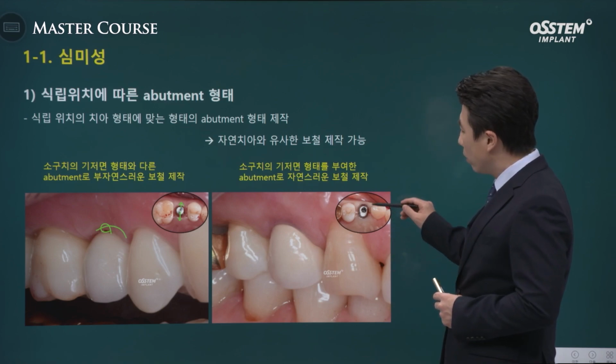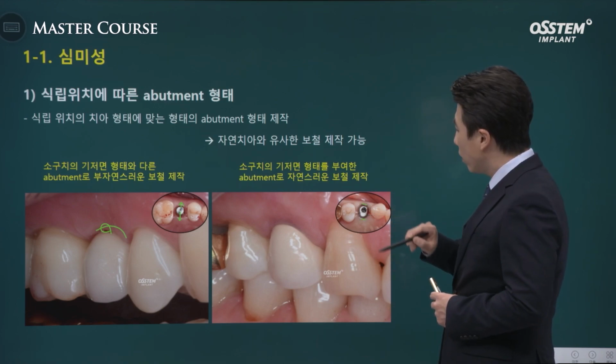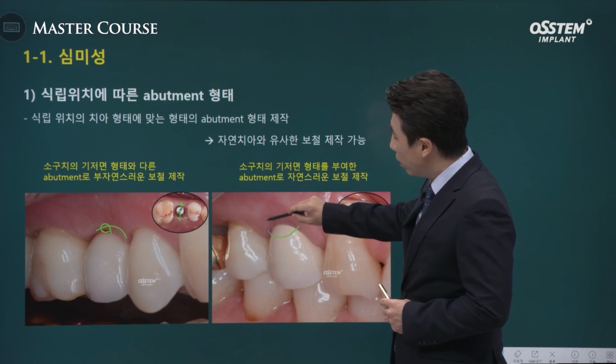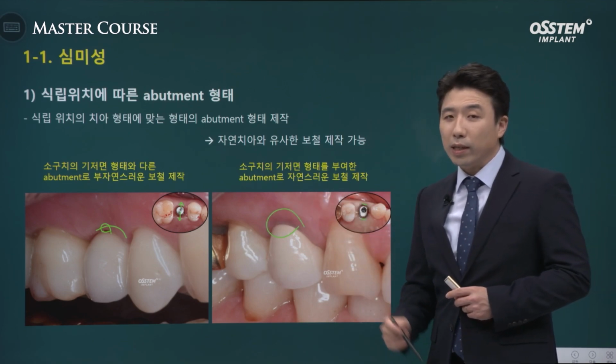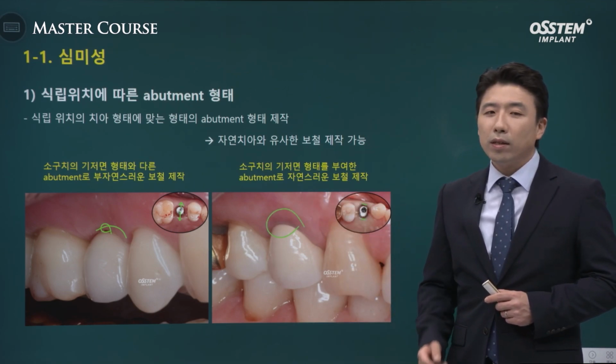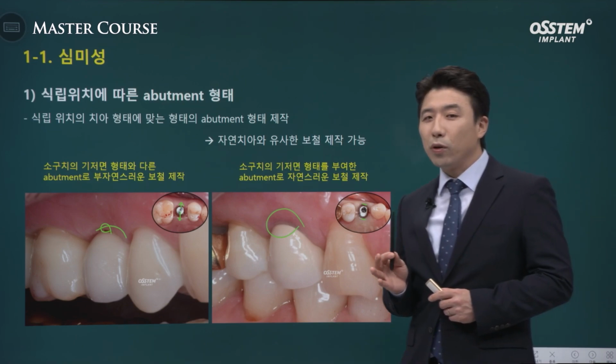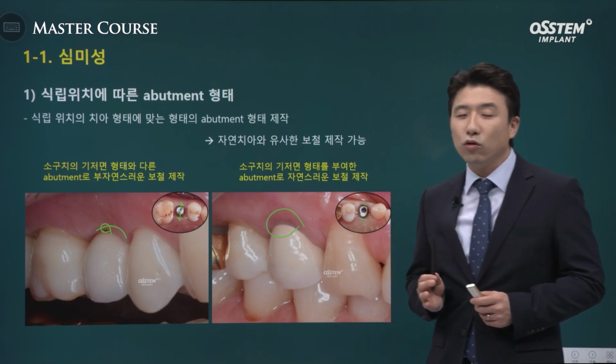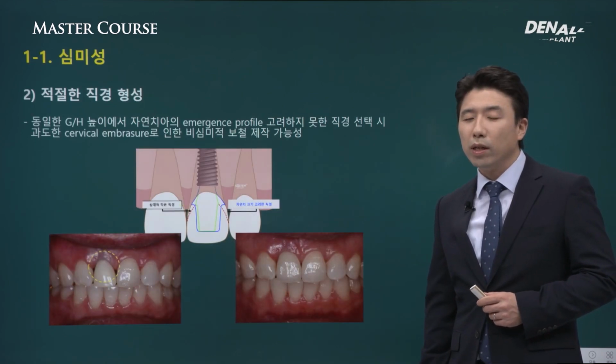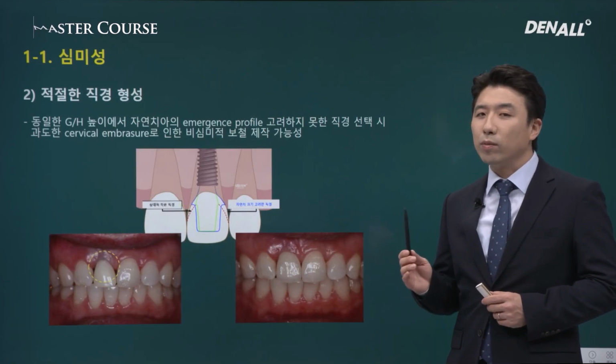If you look here, it has sufficient buccolingual width, so it looks much more natural, more so than the crown. The abutment needs to have a basic shape nicely established. This is important. I'm talking in relation with the contour of tooth.